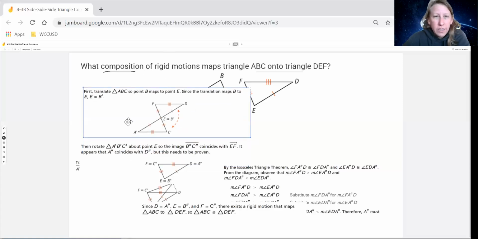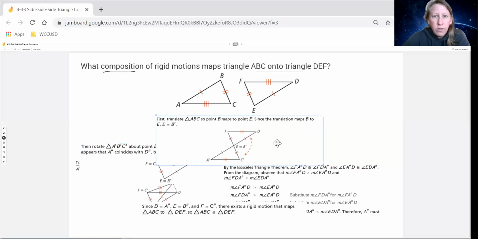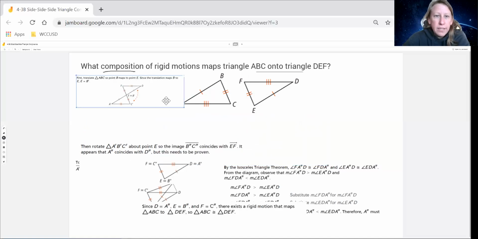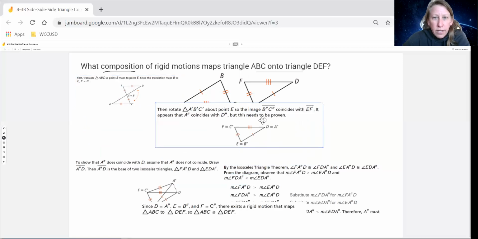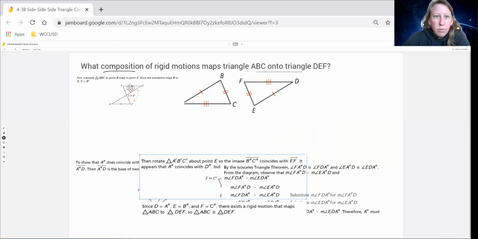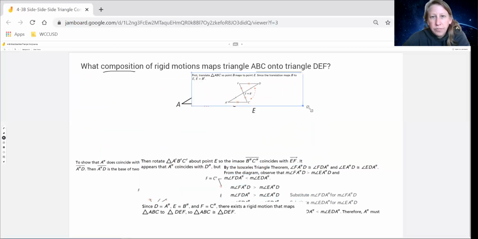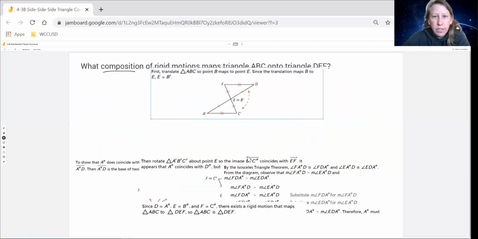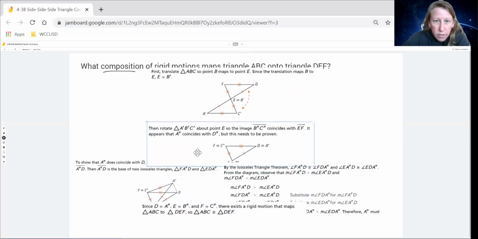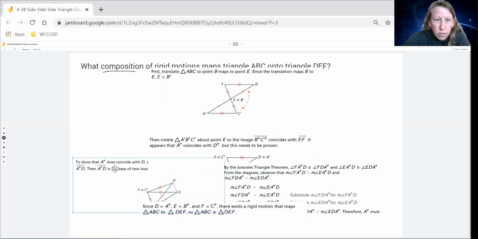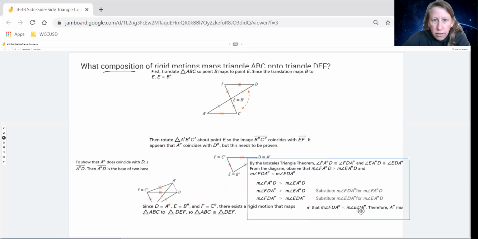First, you would translate the triangle so that B would be onto E. So what did they do? They put B onto E. Okay, they did that first.